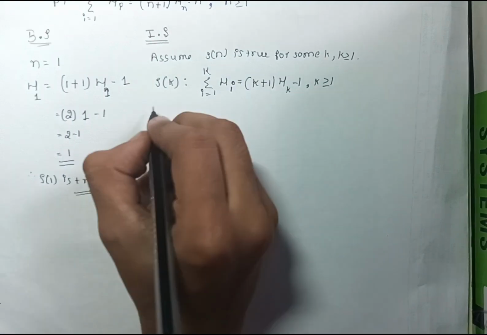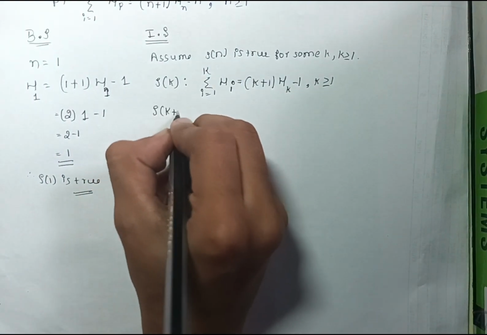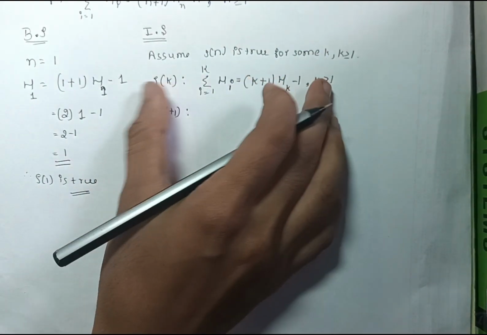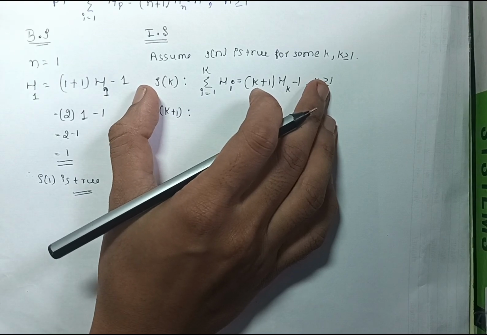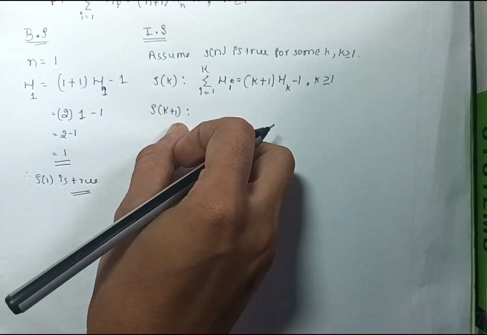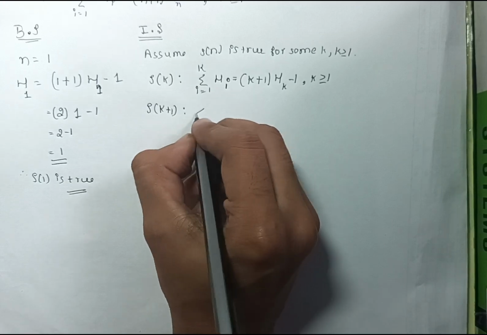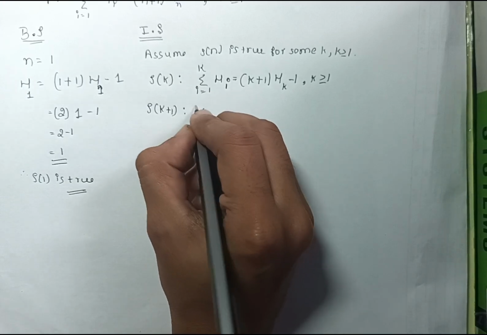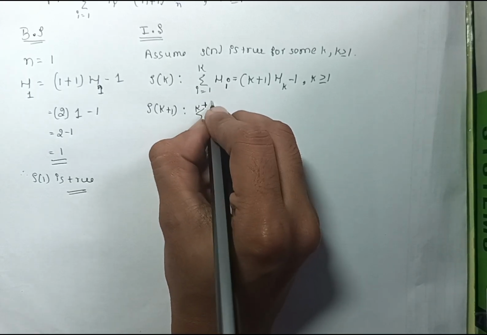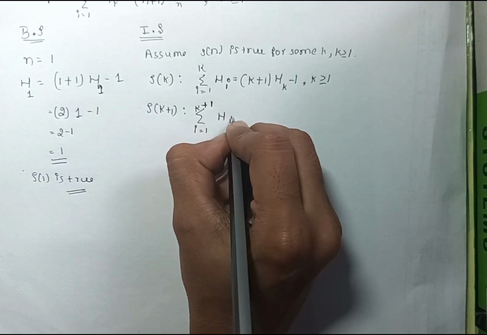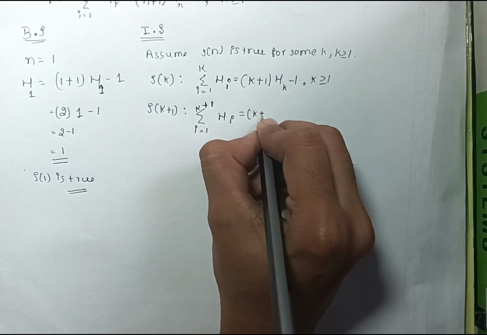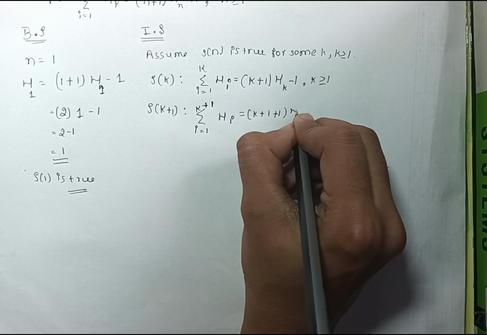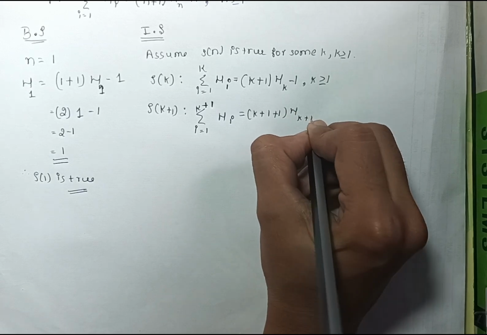Now we have to prove what? S of k plus 1 is also true. We assumed that s of k is true. Next we have to prove s of k plus 1 is also true. Wherever k is present, put k plus 1.